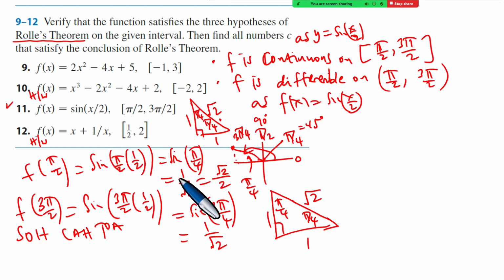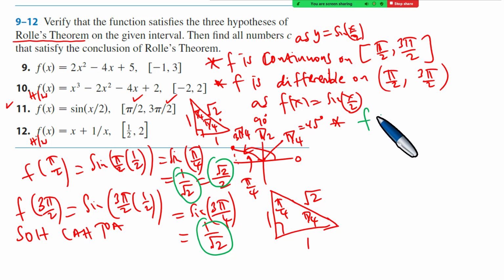We stated the two hypotheses. What is the third one? The third one is f at this point equal to f at that point. F at pi over 2, we can see, is 1 over the square root of 2, or square root of 2 over 2, and this is exactly that.